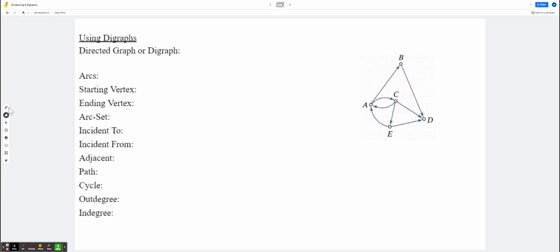So now let's take a look at digraphs. Digraphs are just an abbreviation for the word directed graphs. We've already talked about regular graphs, so now we are going to look at situations where all of our edges have direction.